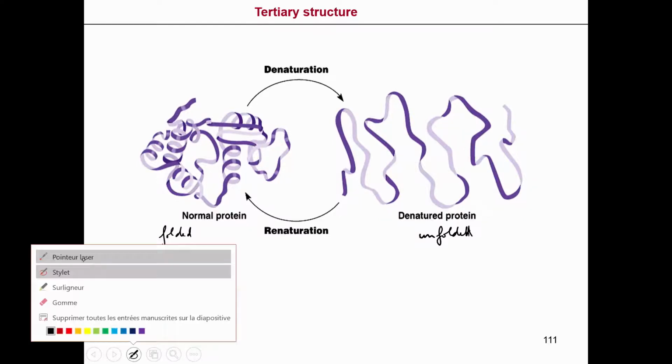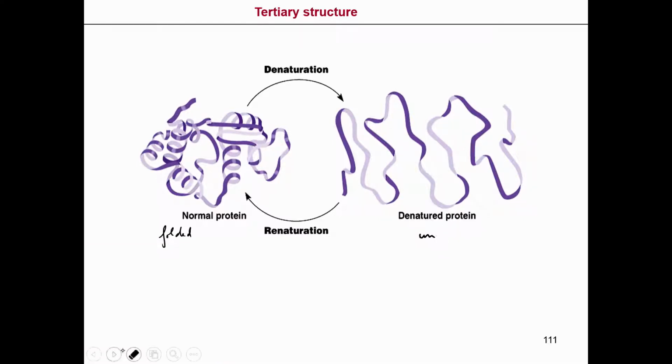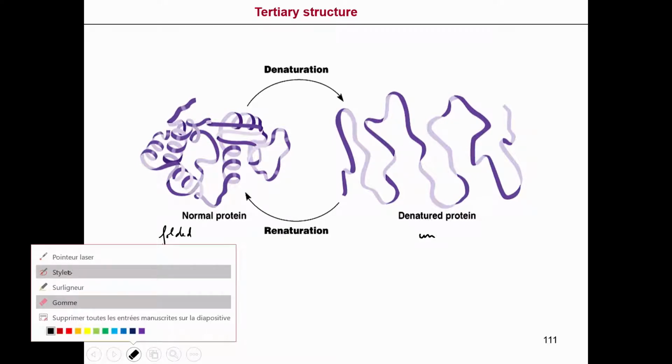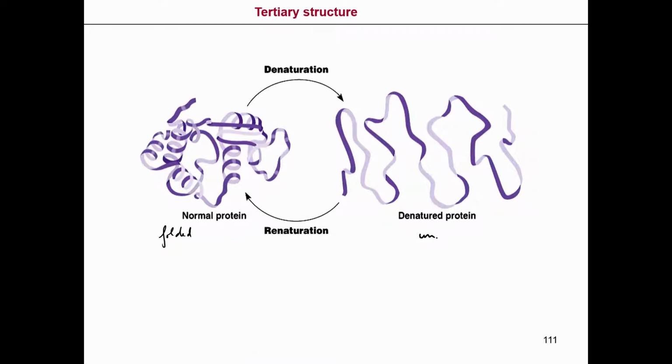So the weak interactions will be broken because of the external stress, and so the only structure that remains when we have the denatured protein is the primary structure.